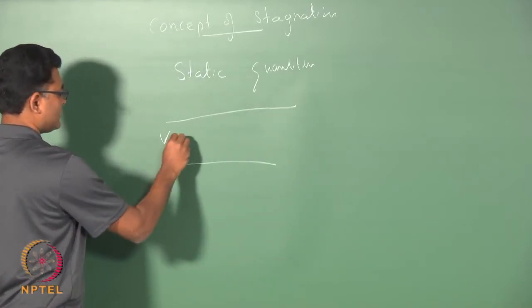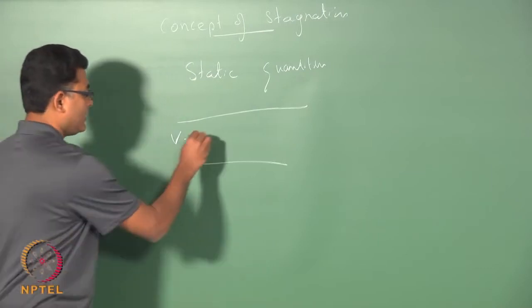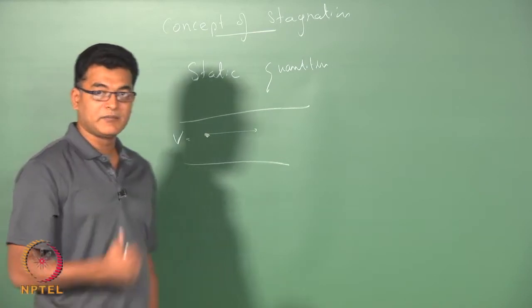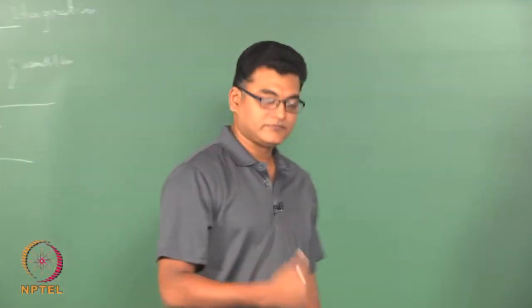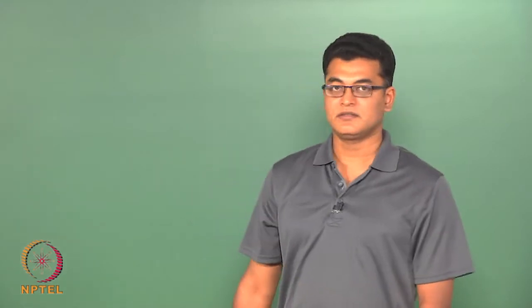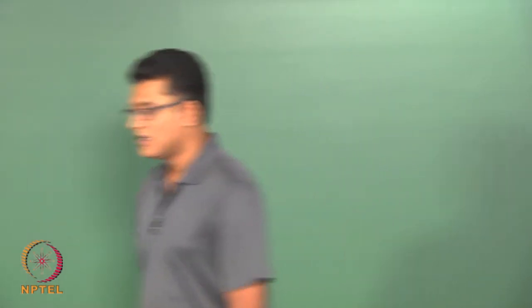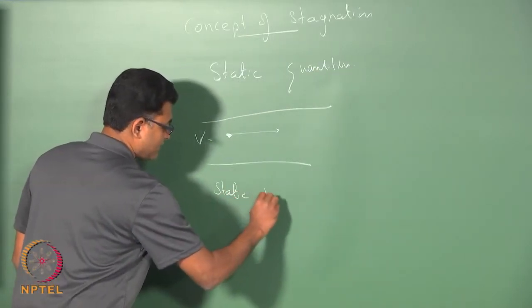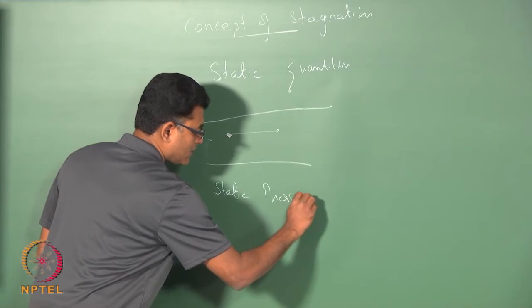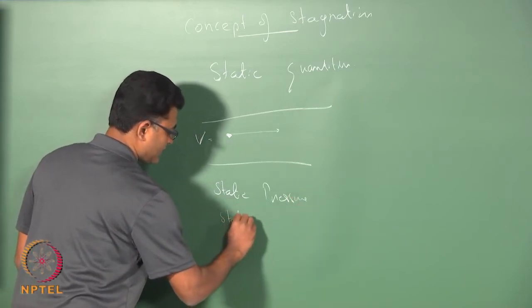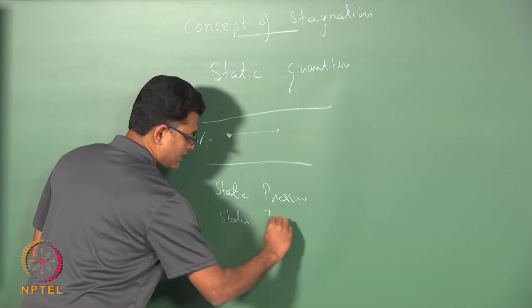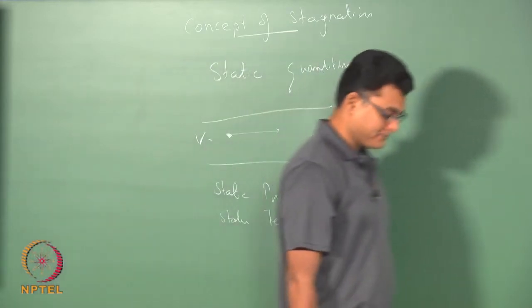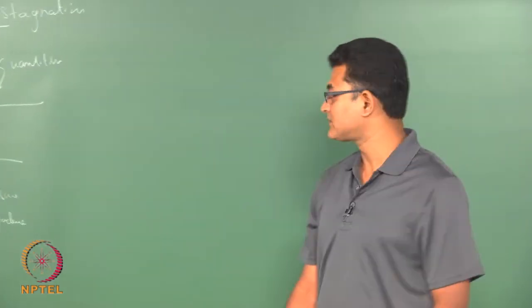So, if I have a flow with some velocity of the fluid, and I travel along with the fluid with the same velocity and measure my temperature or my pressure, I call those quantities static pressure or static temperature, and hence other quantities measured like that, if they are measurable.